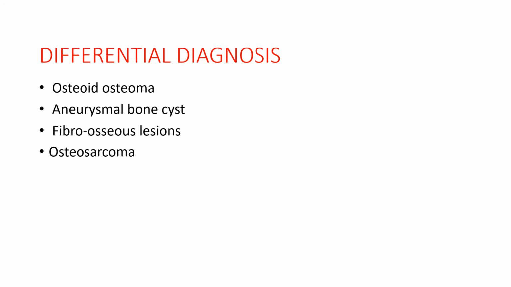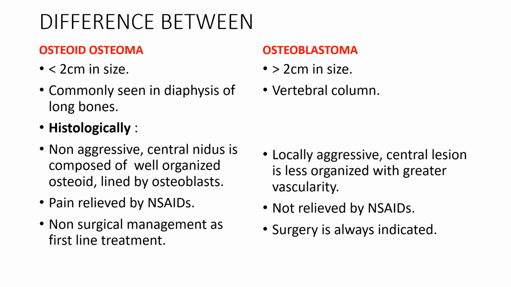Coming to differential diagnosis of osteoblastoma, one is osteoid osteoma, aneurysmal bone cyst, fibrous osseous lesions, and osteosarcoma. Coming to the first differential, that is osteoid osteoma. Osteoid osteoma and osteoblastoma appear very much similar histologically. The differentiating features are here. Osteoid osteoma is usually less than 2 cm in size, whereas osteoblastoma is more than 2 cm in size, and osteoid osteoma is commonly seen in diaphysis of long bones, whereas osteoblastoma is commonly seen in spine or vertebral column.